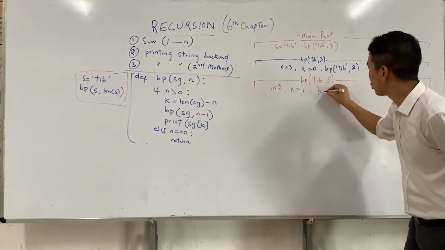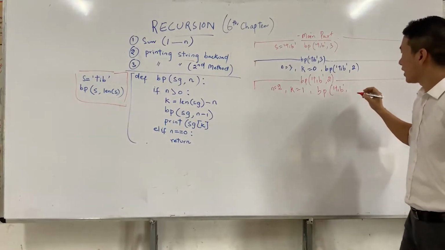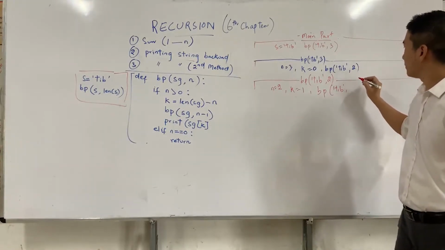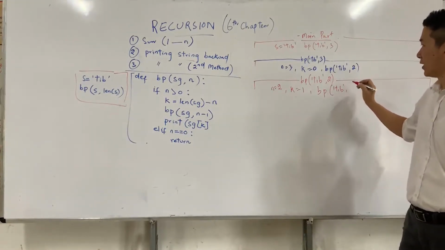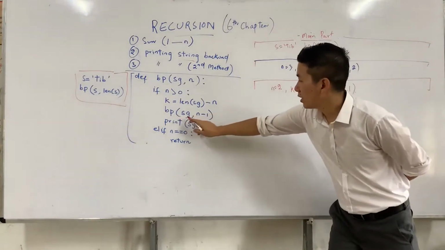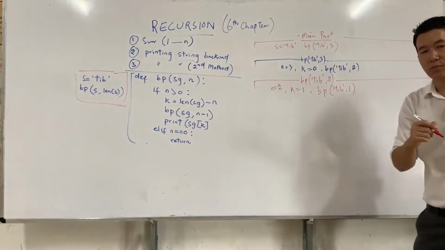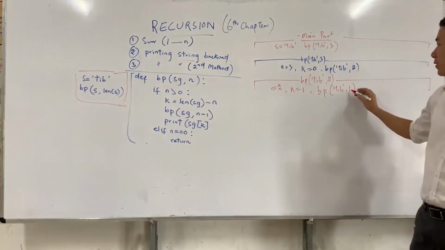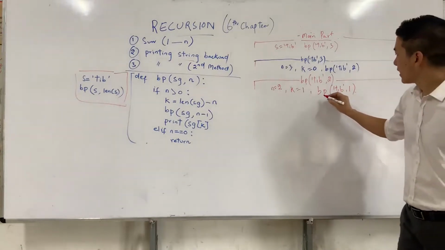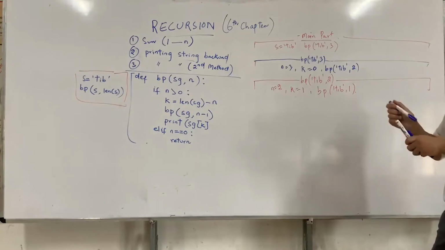This time the function call will look something like this. It will still be tip, and the value of n will now be 1. The value of SG is tip, and the value of n should be deducted by 1 again, so it will be 1. When the computer sees this function call, another frame will be created.